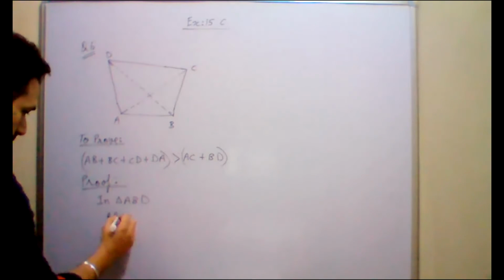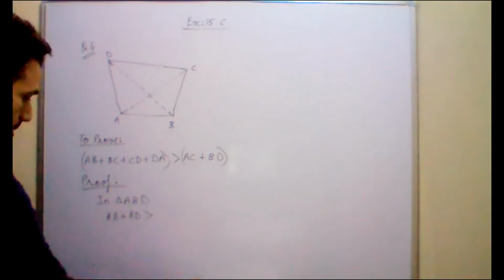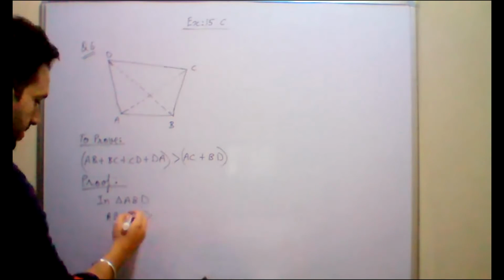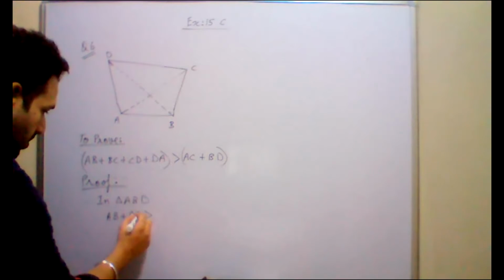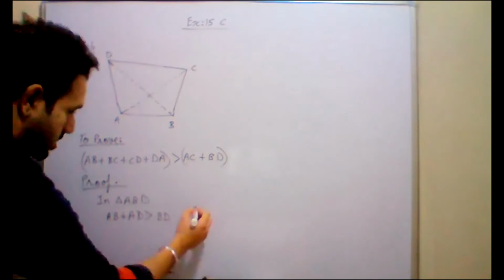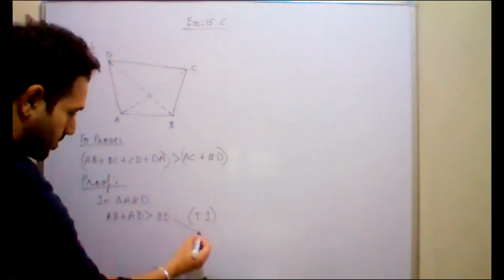AB plus AD is greater than BD. What is the reason? This is the triangle inequality. Write the full form, don't write the short form.